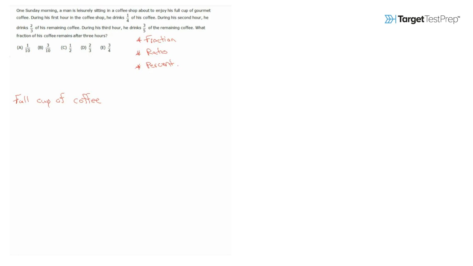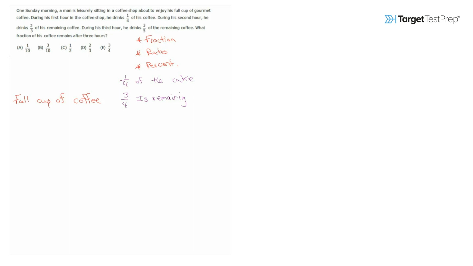The other thing that's being tested here is the fact that there's always two sides to every fraction. So, for instance, if I said I ate 1/4 of the cake, you can easily say that 3/4 is remaining of that cake.